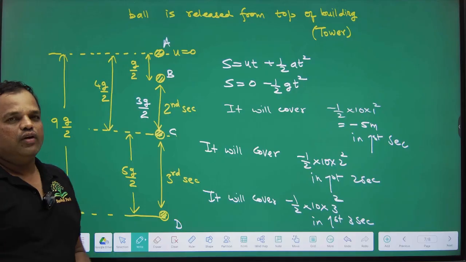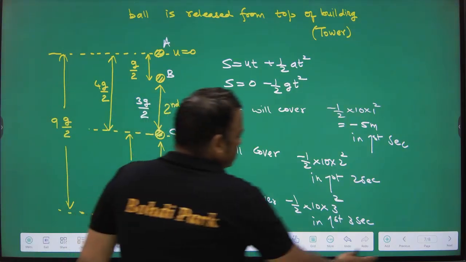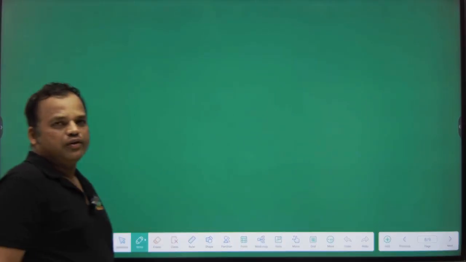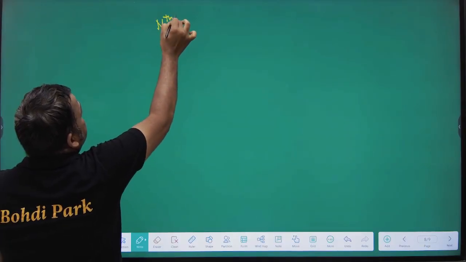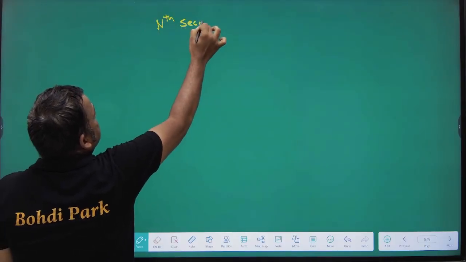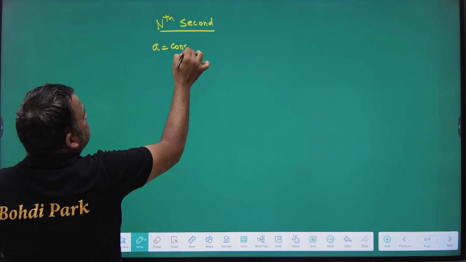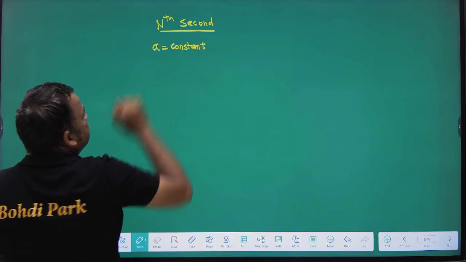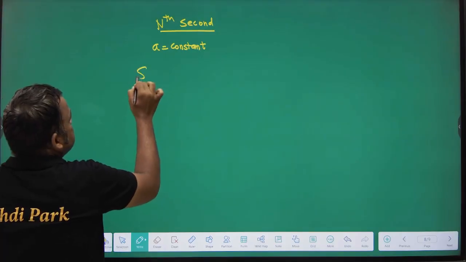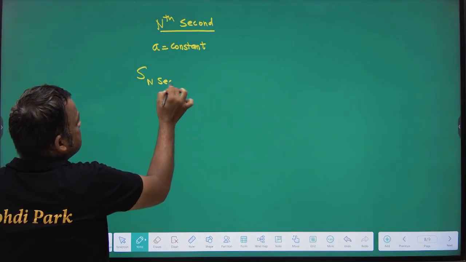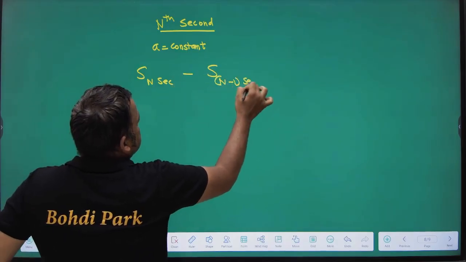So we call it the nth second. Nth second is one of the important topics in motion along a straight line with constant acceleration. So when acceleration is constant, what do you mean by nth second? Nth second means displacement in n seconds minus displacement in n minus 1 seconds.